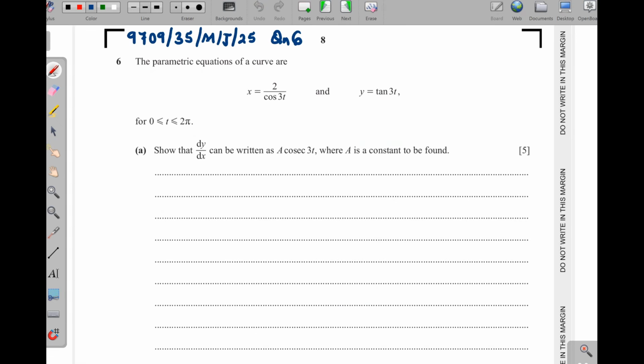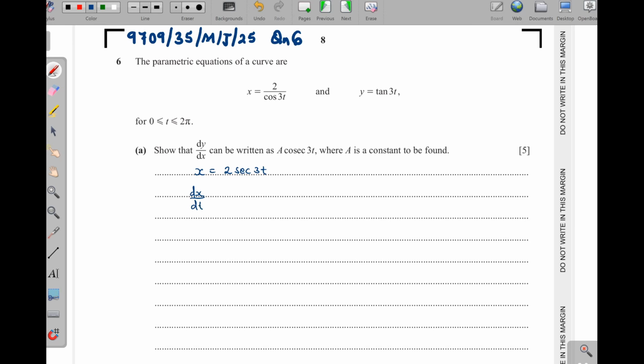Okay. Question 6, we are given these parametric equations and they're saying show that dy/dx can be written in terms of cosec 3t, where a is a constant to be found. Now, if x is equal to 2, take this one up, it will become sec. So 2 sec 3t. And you know that when you differentiate sec, you get sec tan.